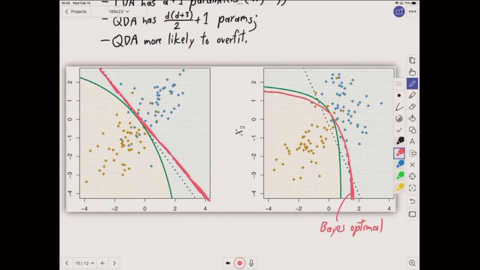Now, in both of the sides, the black dotted line is LDA, and the curved green lines are QDA, which can create a decision boundary that's not straight, unlike LDA.